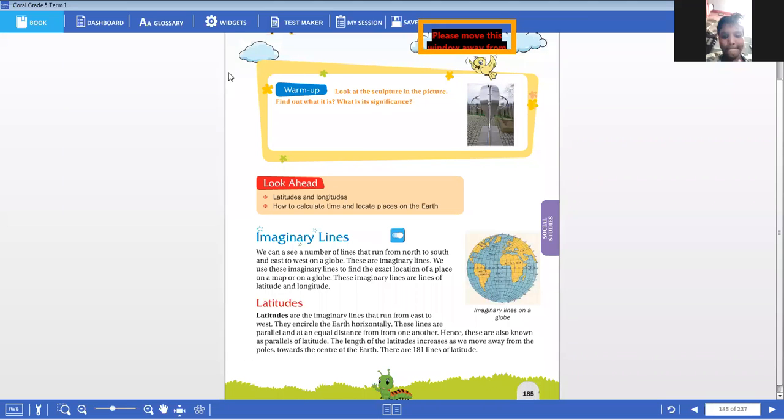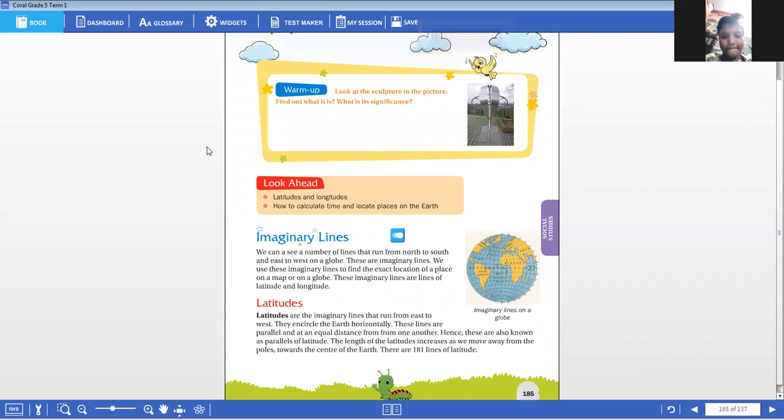For suppose here you can see this line, you can observe this border, and here it is a border. I'm just saying for your easy understanding, children, these two lines are parallel because whatever the distance between these two lines in this area is the same distance in this place also. So the distance between these two lines here is equal to the distance between these two lines here.